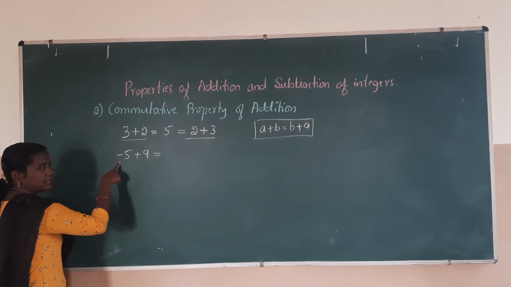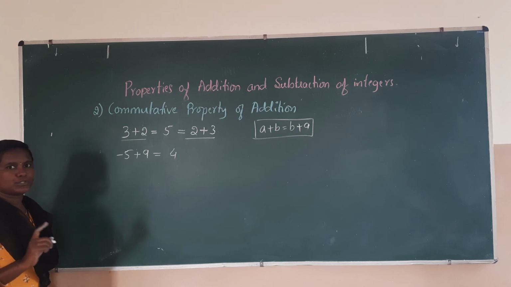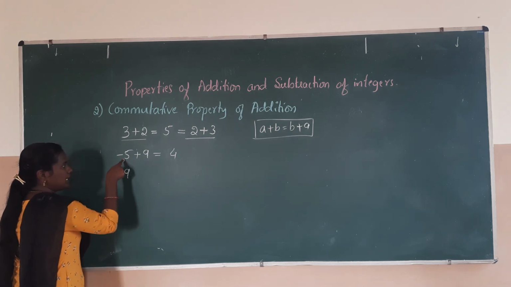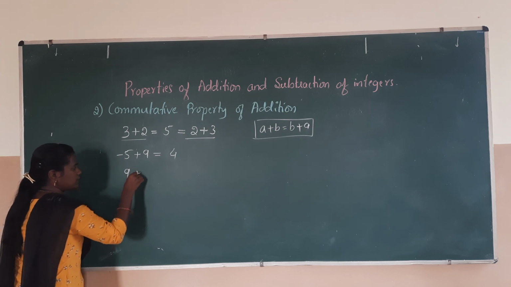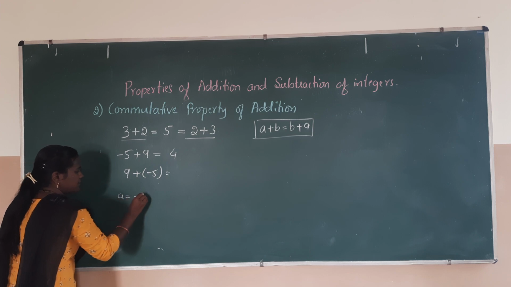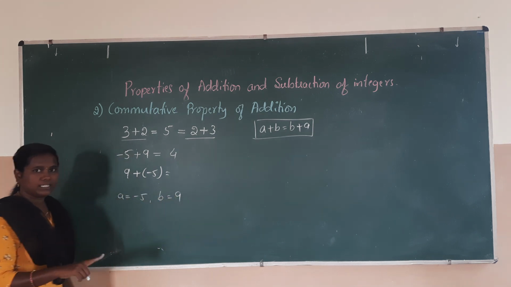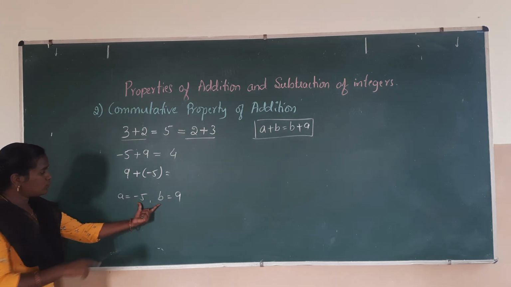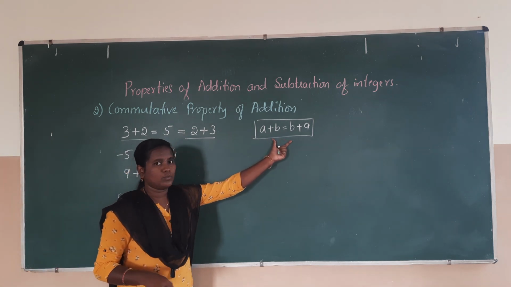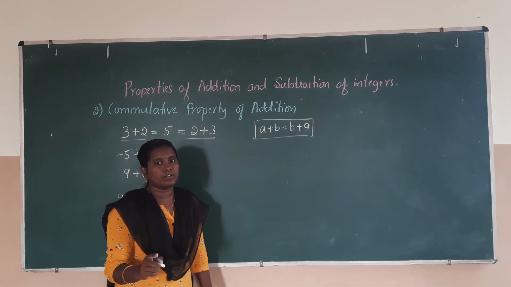Different signs, subtract. 9 minus 5 is 4, and the bigger number is positive. Now I want to change their places: 9 plus minus 5. I considered a as minus 5 and b as 9.